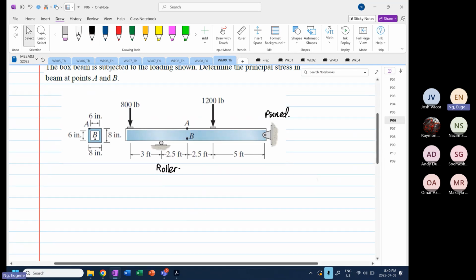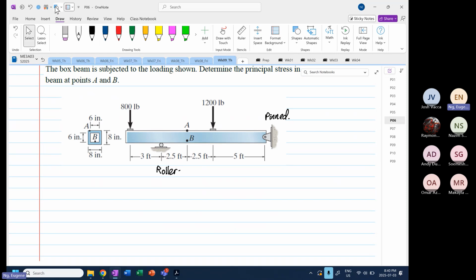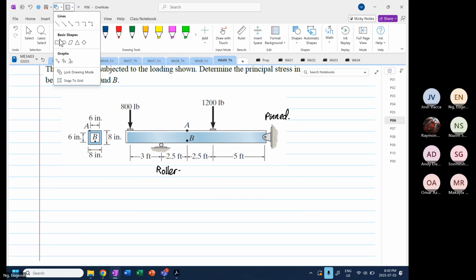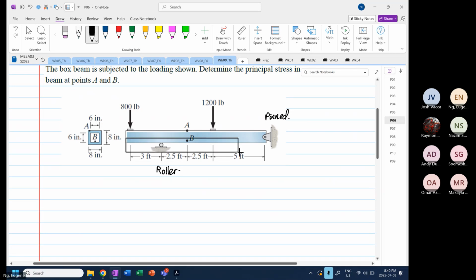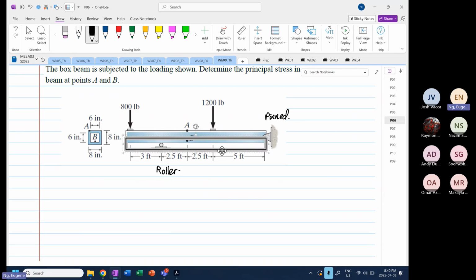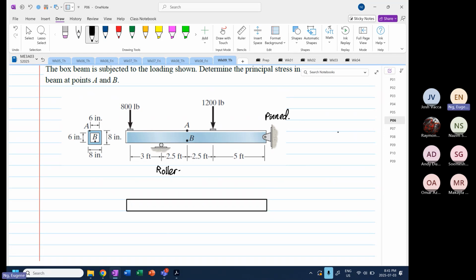So now, if I'm going to sketch the free body diagram, so this is X, Y, rotation about Z. So we know that we have 800 pounds over here.